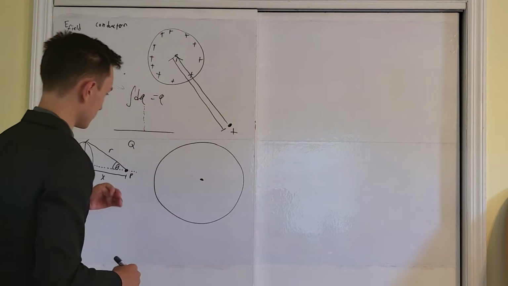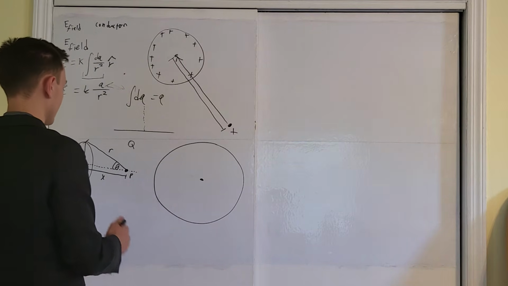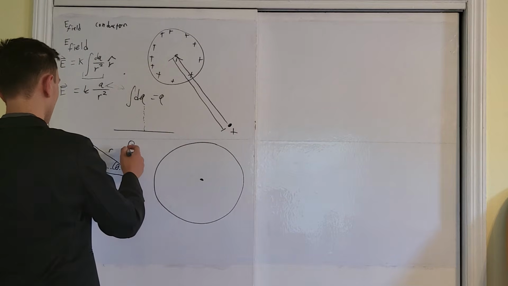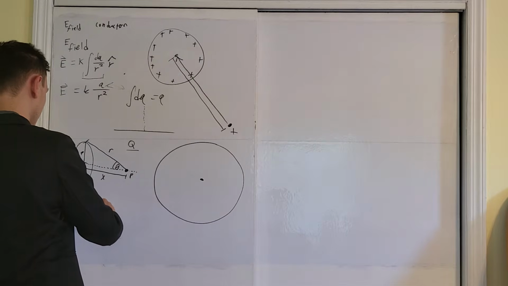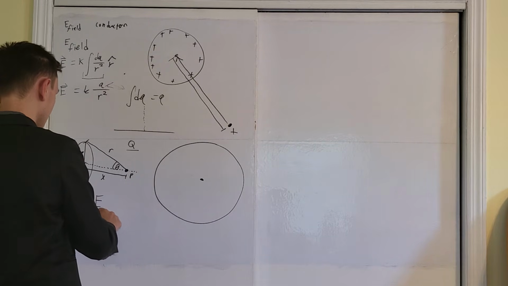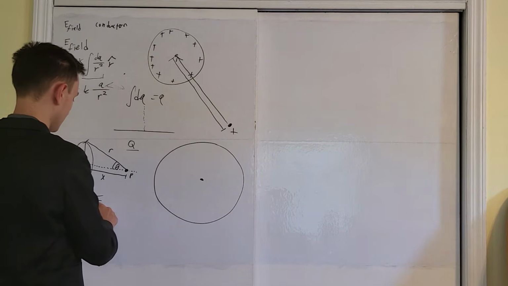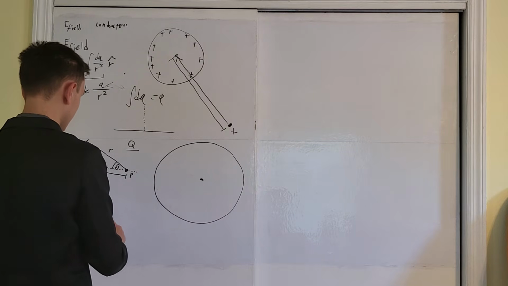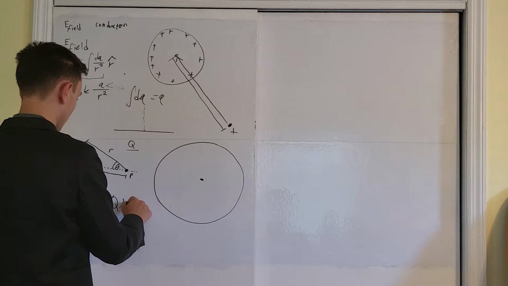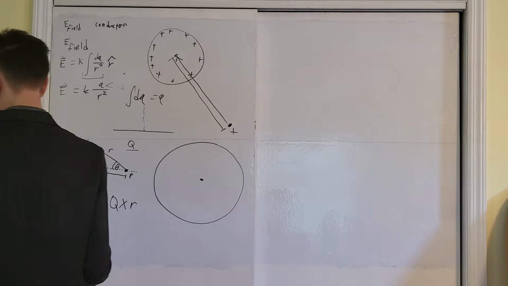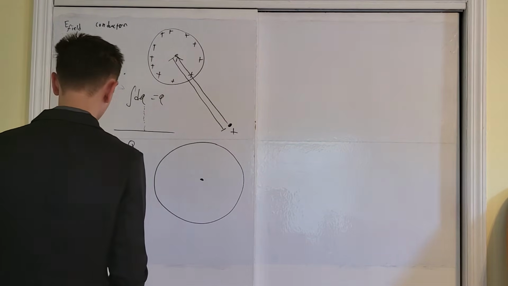And we discussed that this was a charged ring with uniform charge density with a total charge of big Q. Our job here is to find the net electric field experienced at point P and to give our answer in terms of Q, x, and r. And, of course, universal constants.